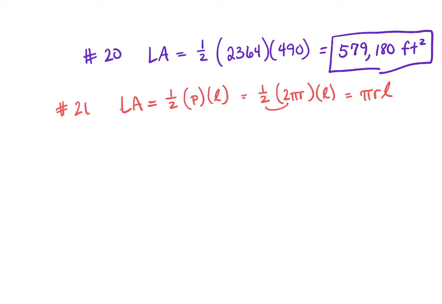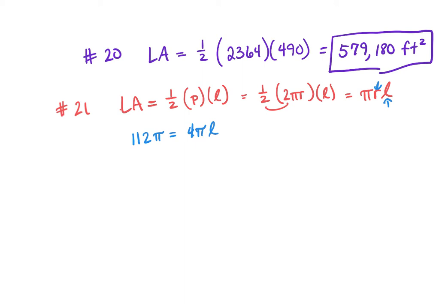All right, they gave us the radius, right? And they actually gave us what the lateral area is. And they want us to find the L. So we're going to fill in everything we know. We know lateral area is 112 pi. We know that the radius is 4. So we have 4 pi times L should equal 112 pi.